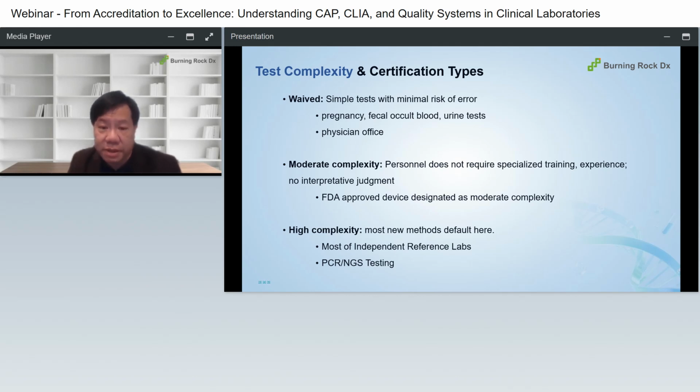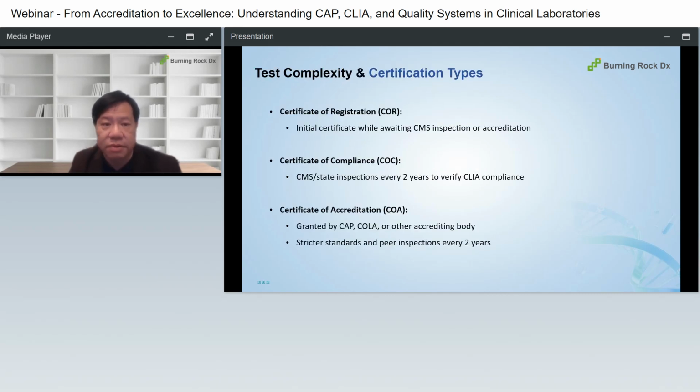The test requires an FDA-approved test designated as moderate complexity. High complexity is the realm where most new methodology and laboratory developed tests default. It's for most independent reference labs, and in addition, PCR and NGS testing fall in the high complexity category.